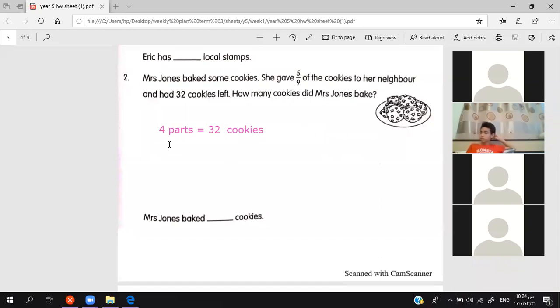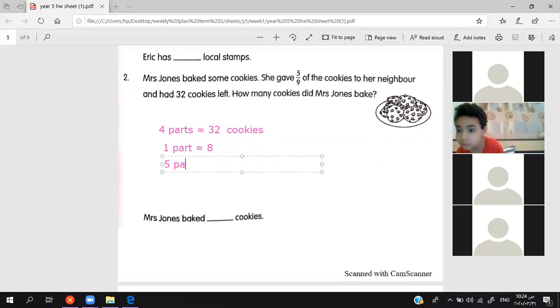Can I get one part? One part will be equal to what? I will do division: 32 divided by 4. It's 8. So I know now that 1 part gives you 8. Now I can get the 5 parts which she gave to her neighbor.